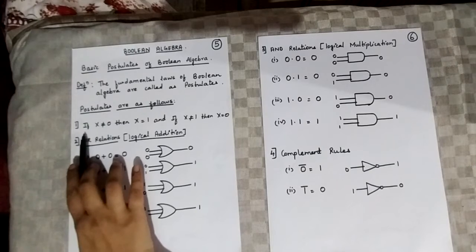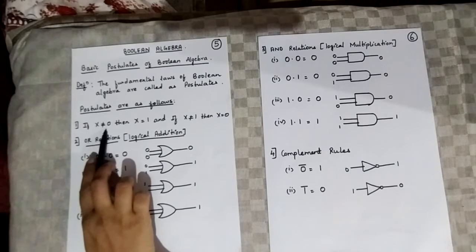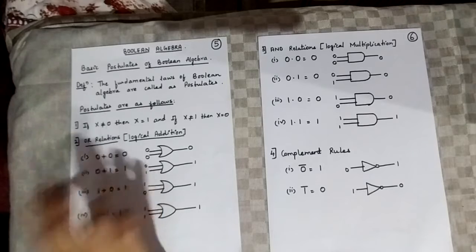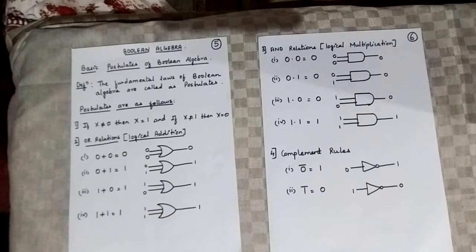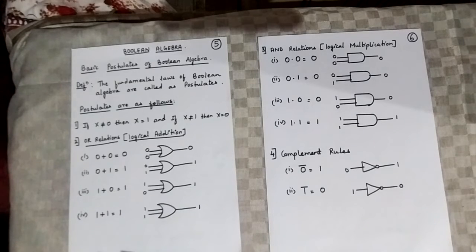It says, if a logical variable x is not equal to 0, or is not holding 0, then what should be the next value which should be present in that variable? As we know, under Boolean algebra, there are only two possible values, that are 0 and 1.